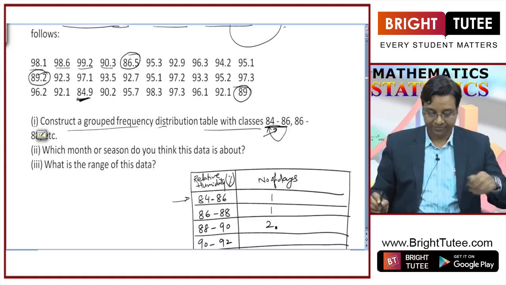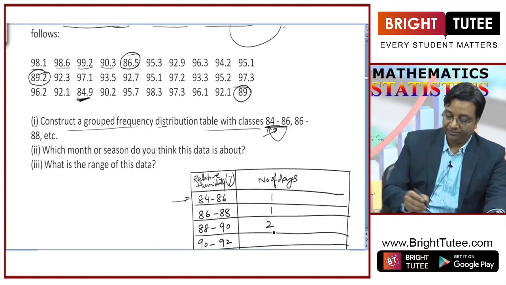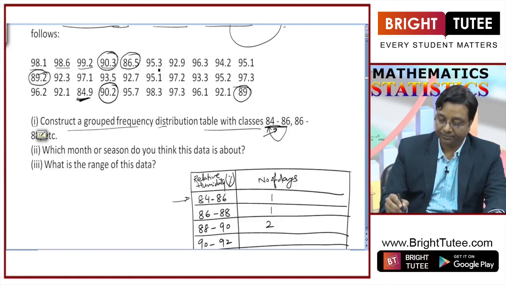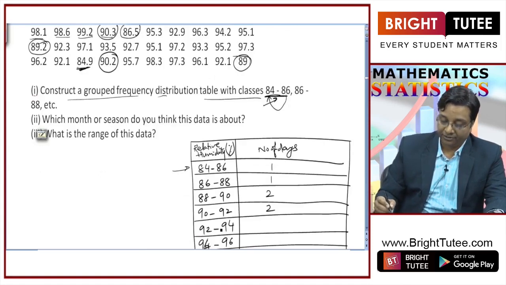Only 2 days. 90 to 92. 1, 2. That's it. 2 days. 92 to 94.